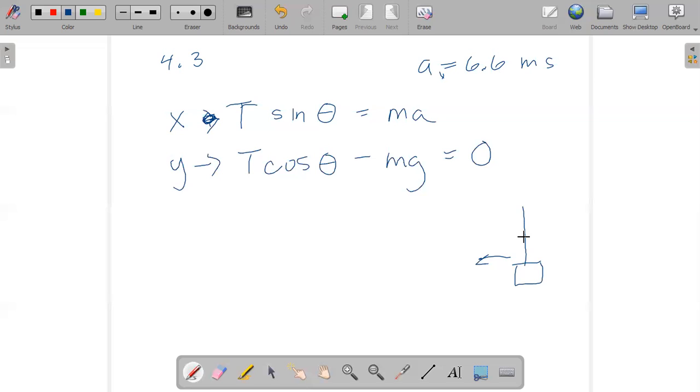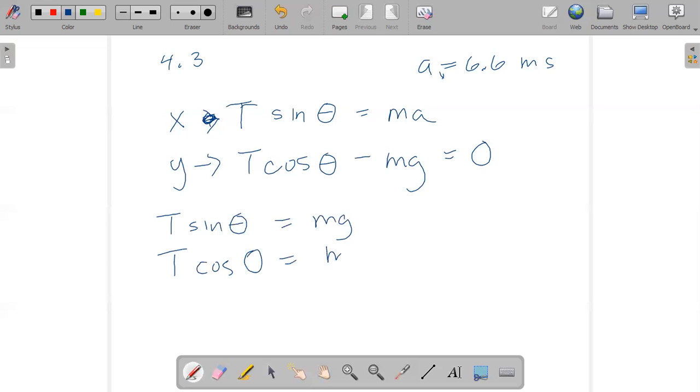I don't know what your book does. Your book does some kind of algebraic substitution, but what I'm going to do is rewrite this here. I'm going to have T sine theta equals ma, and T cos theta equals mg.